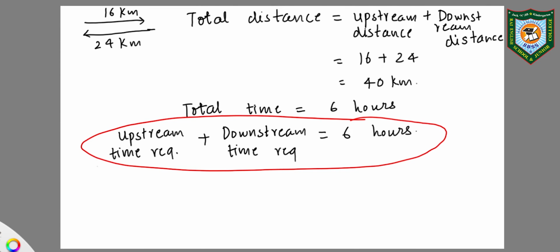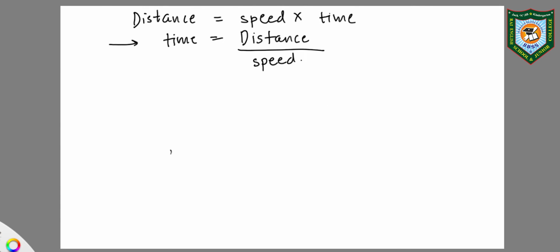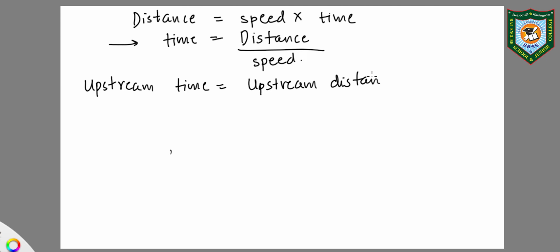So, coming back to our equation, our upstream time required is equal to upstream distance divided by upstream speed.